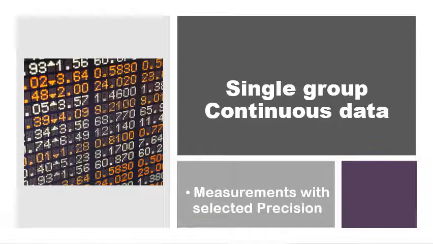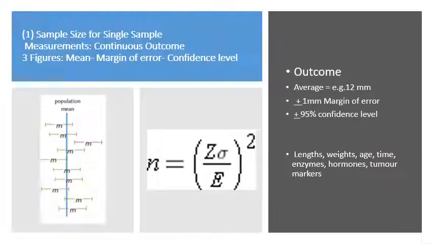We start with the first scenario in which we are trying to measure with a certain degree of precision and confidence a continuous outcome like a length or a volume or a certain hormone level, one continuous outcome in a single group study. Before starting a study on a single group measurement, we want to know the number required, and 3 factors would influence this.